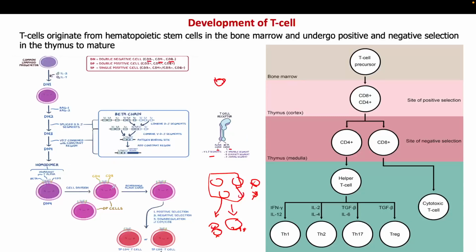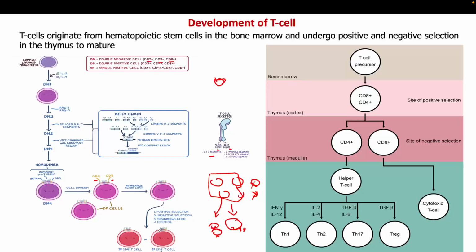After certain cell divisions, it converts into the double positive cell, which has the beta chain as well as the CD4, CD8 and CD3 markers. That's why it is called double positive, because it has both CD4 and CD8. Then it will rearrange the alpha chain also, and it becomes a mature or naive T cell.